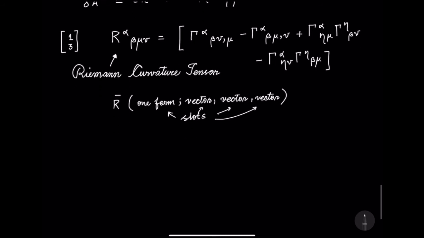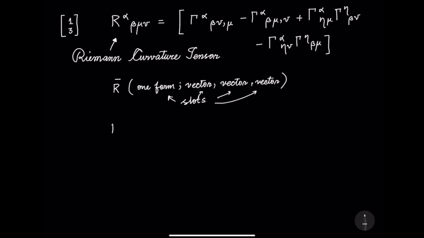And if in these slots, for the one-form I put a unit one-form, and for the vectors I put unit vectors, I get the components of it in those bases.